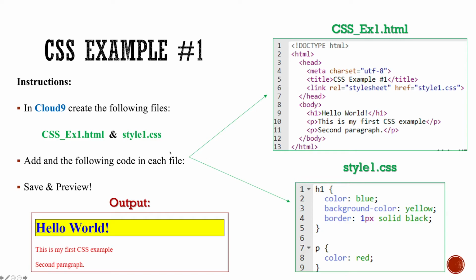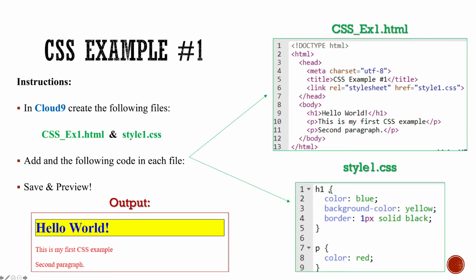In the first example, I'm using external CSS. In the HTML, I have an H1, this is a paragraph, this is a second paragraph. And then don't forget to always create a link. Here I'm using a link tag to link to style1.css.